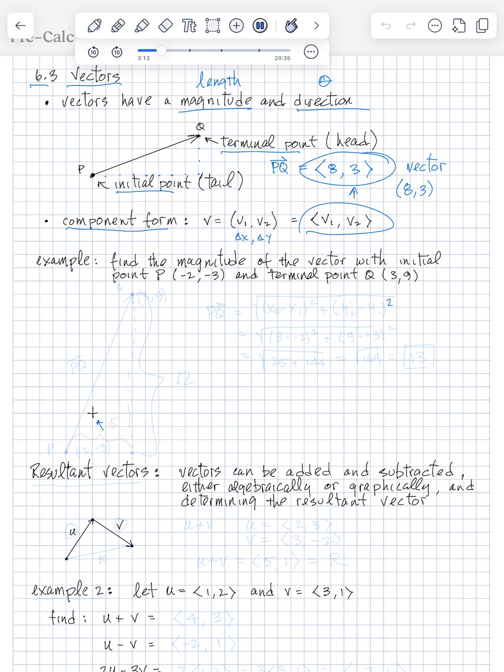So (-2, -3) is right here, and then (3, 9) is 3 over and 1, 2, 3, 4, 5, 6, 7, 8, 9 up. This is point P, and this is Q. Now we just want to draw the vector. We don't have to draw it to find the magnitude, but it's helpful. So we draw the vector, put an arrow there, and this is vector PQ.